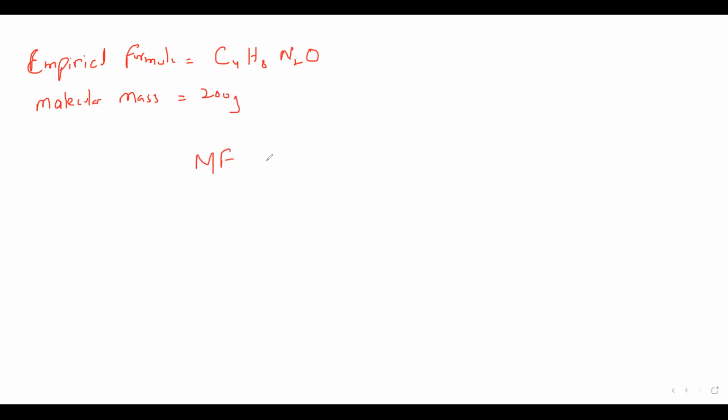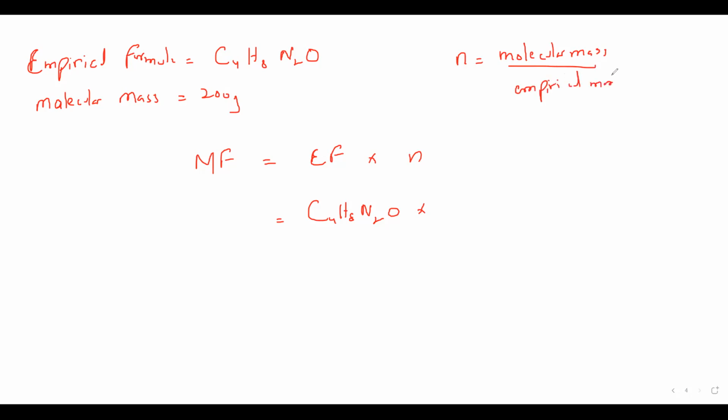The molecular formula is equal to empirical formula multiplied by n. The empirical formula is C4H8N2O. What about the value of n? The value of n is equal to molecular mass divided by empirical mass. The molecular mass is given as 200, that's given in the question. How to get the empirical mass? Empirical mass you can get from empirical formula.